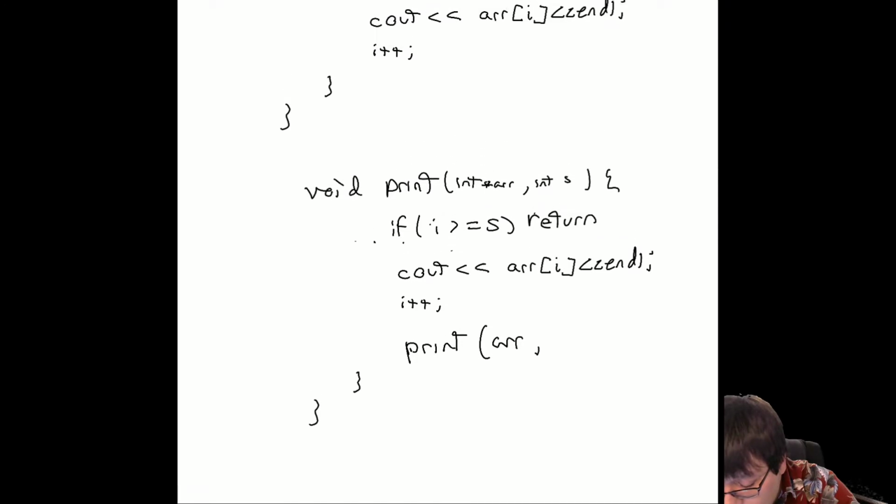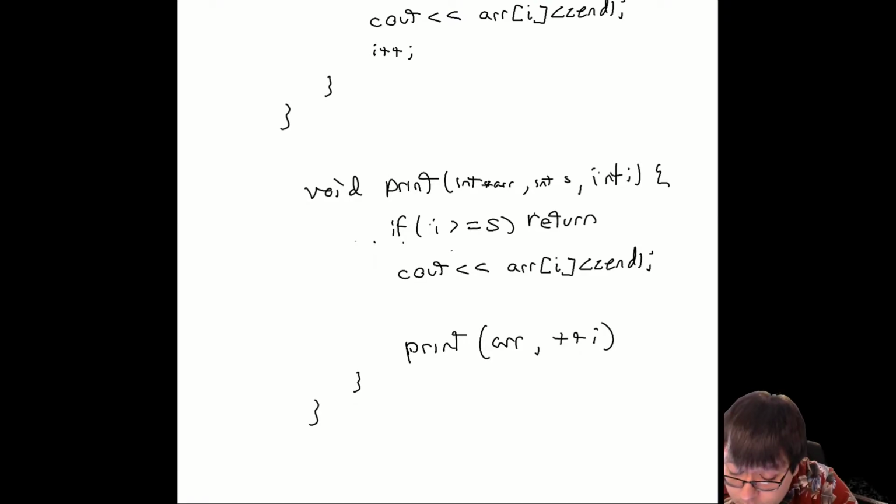You can either move that parameter or any other parameters that are supposed to be updated into the recursion up here, like this, or without the pluses. That's one option, and then you can just go ahead and put plus plus i like that. So option one is like this, and at this point you're pretty much done with this.